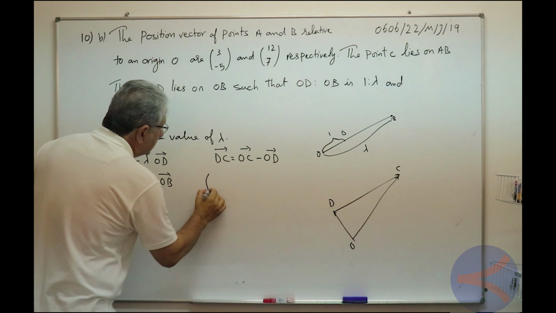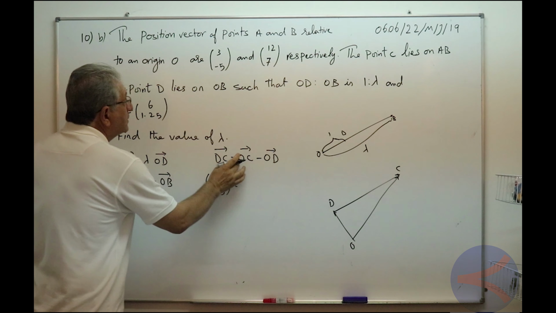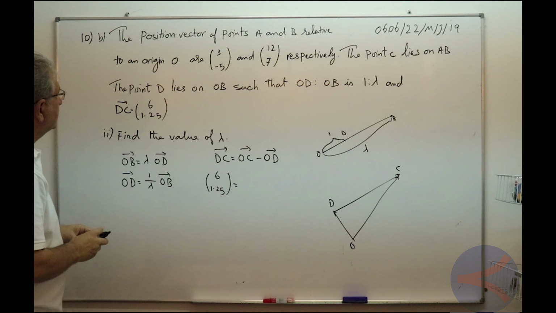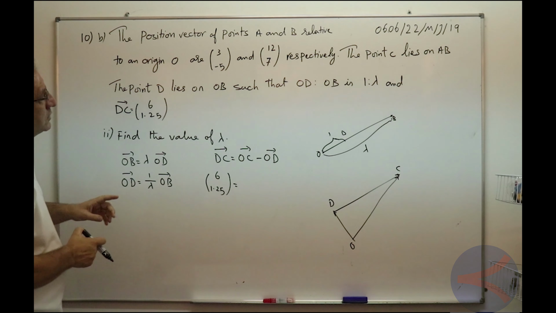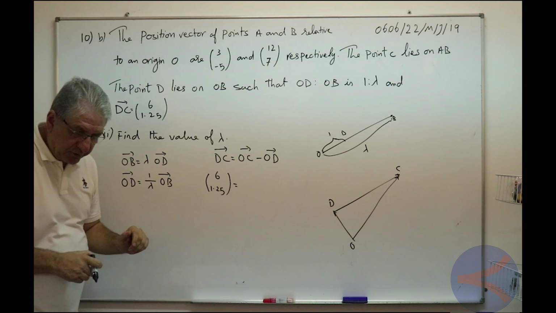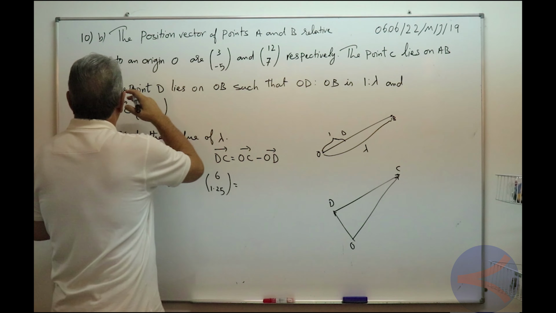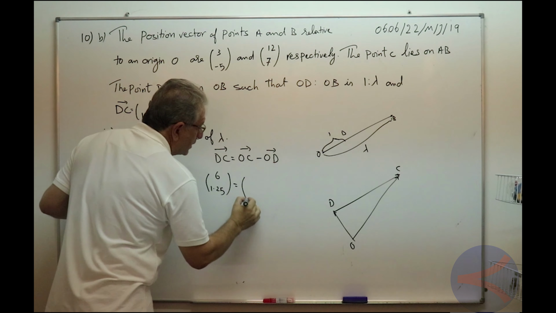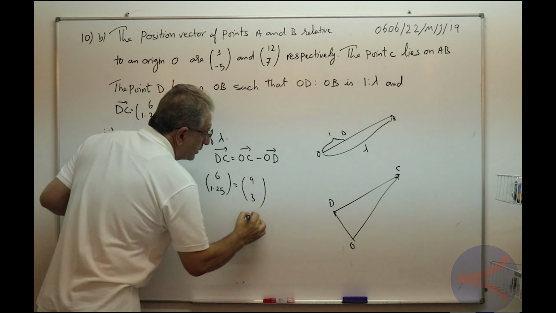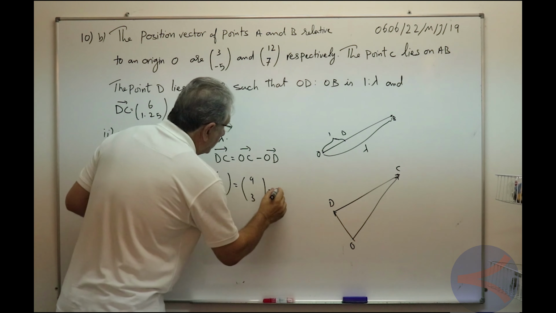So we can write this we know. This is 6 and 1.25 is equal to OC we know. How much is OC? We have calculated in the previous question, part 1, we got OC, which is 9 and 3. Then minus OD. OD is how much?